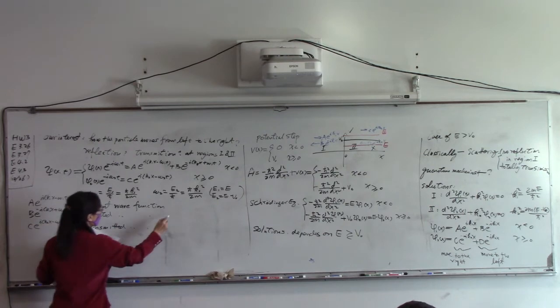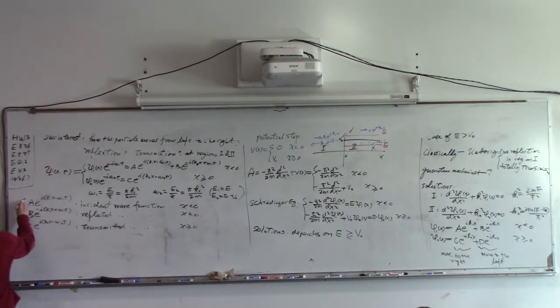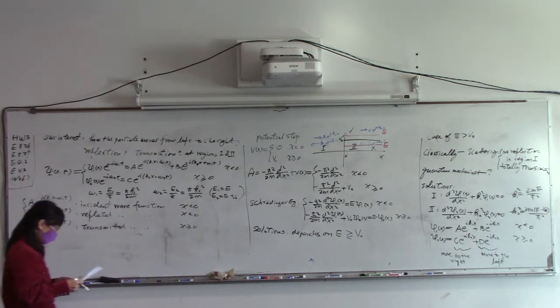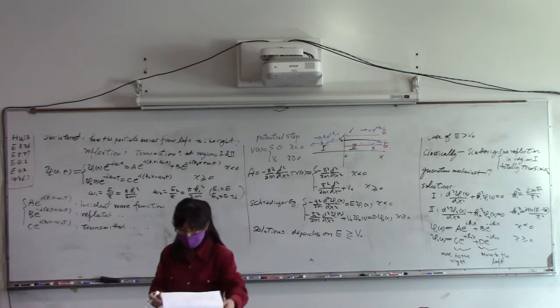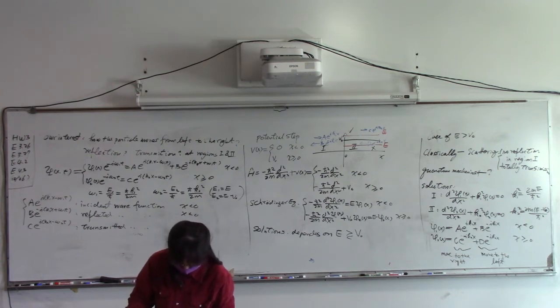Here, this is A in the region, so the third one, transmitted, is this. So now we can give the behavior of each region. Before we discuss the transmission coefficient, we look at the probability.